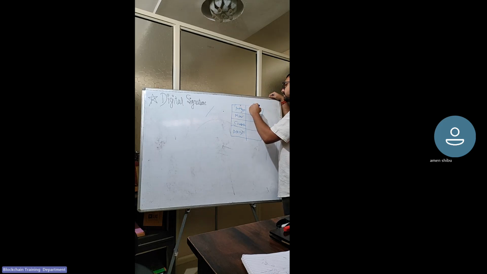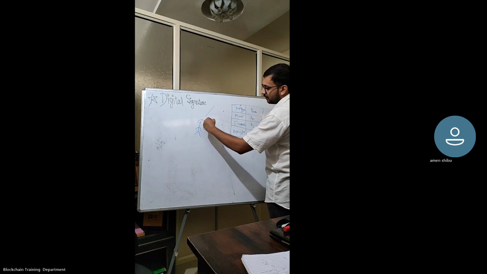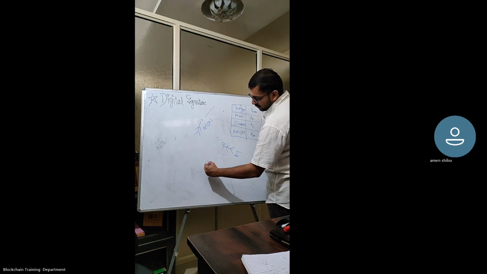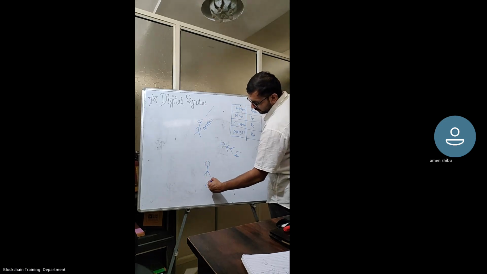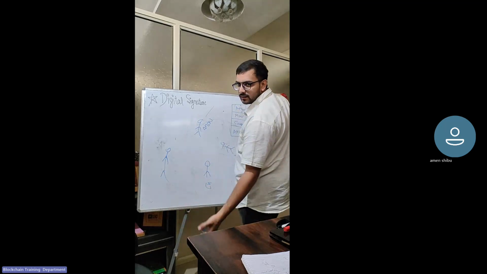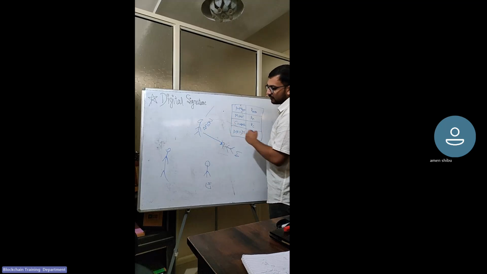For Amin, the public key is PAM. Mantavya's public key is PM. Charan's key is PC, and Anish's public key is AN. This is all of us who have internet and are using laptops and mobiles. For example, Amin wants to send Mantavya a message.